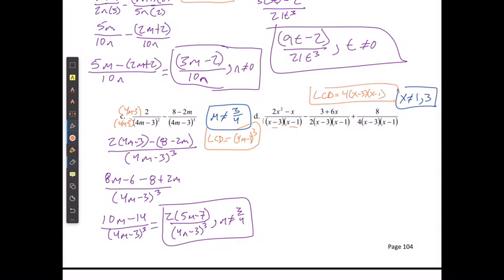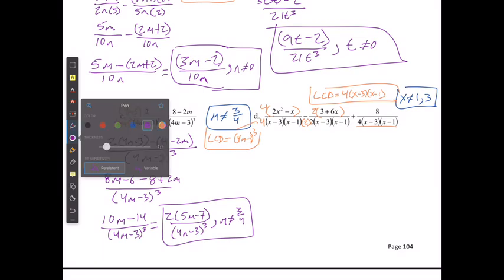Which means for the first one, I'm going to have to multiply the top and the bottom by 4. For the second one, I'm going to have to multiply the top and the bottom by 2. And the last one already has the lowest common denominator.